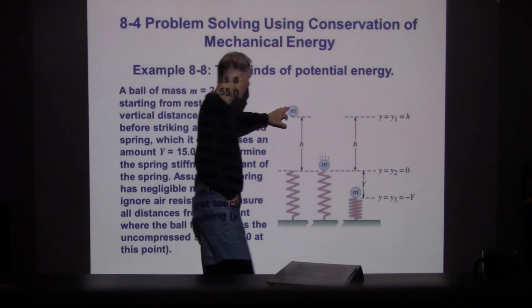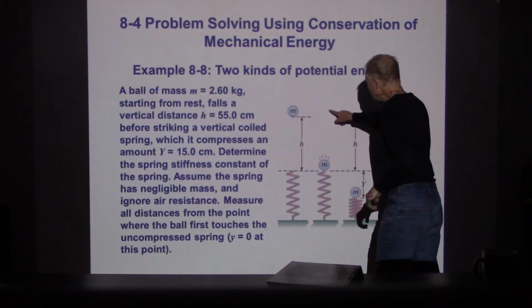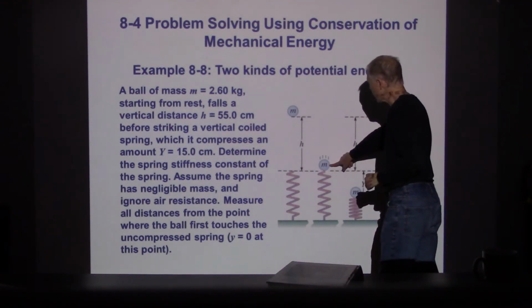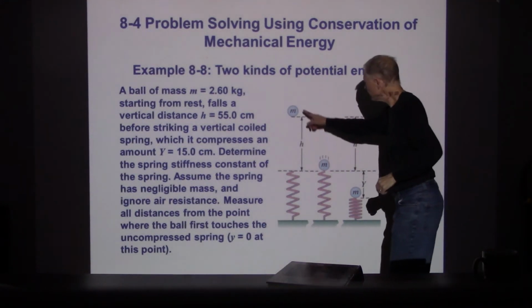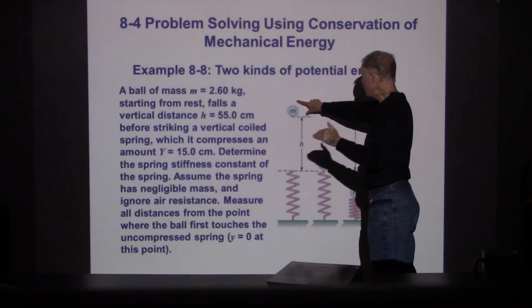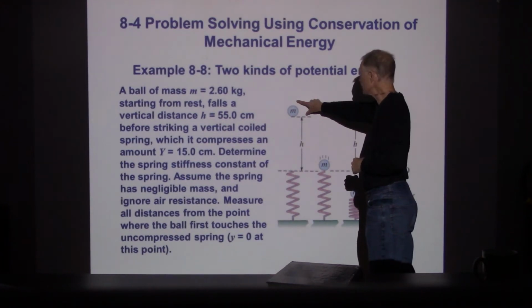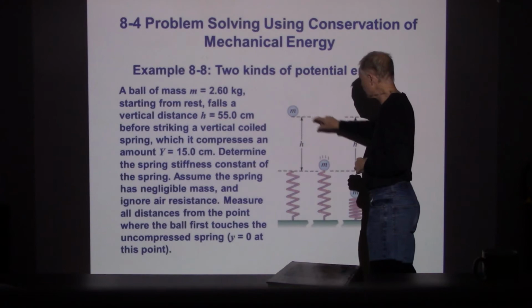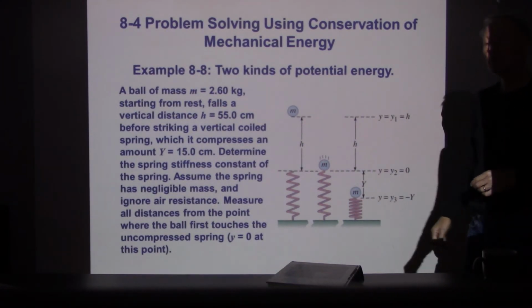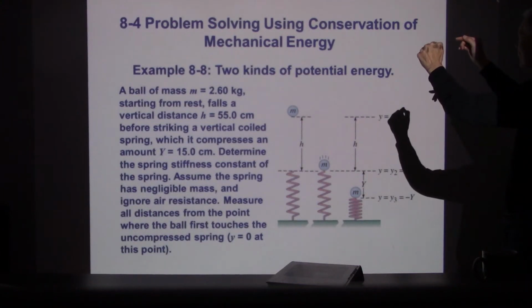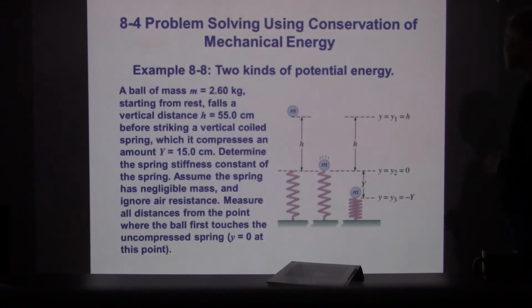We're going to drop this, and picture B, this is a good place to stop and ask what kind of energy do we have. Well, in picture A, it was totally gravitational potential energy. There's no kinetic energy, the spring is not compressed. The spring is still not compressed in picture B. All of the gravitational potential energy is now kinetic.